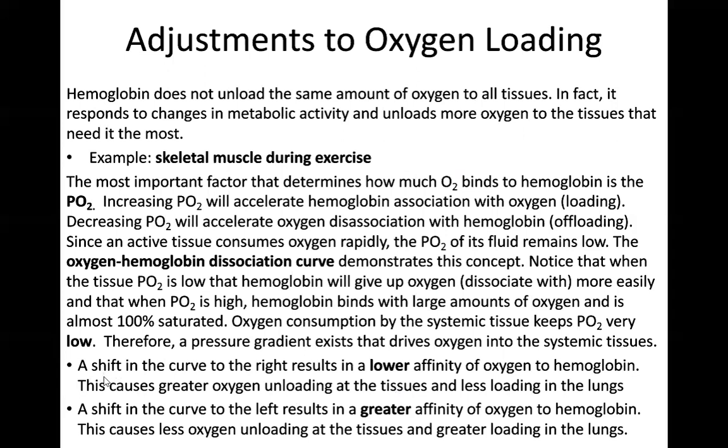A shift to the right causes greater unloading at our tissues, but less loading in the lungs. So we can't pull as much oxygen into our blood from our lungs, but we're able to pull more oxygen out of the blood, putting it into our tissues.